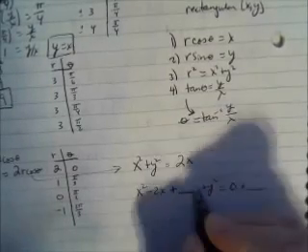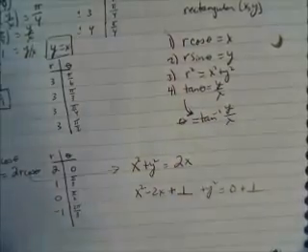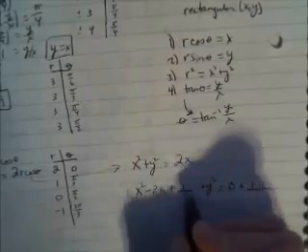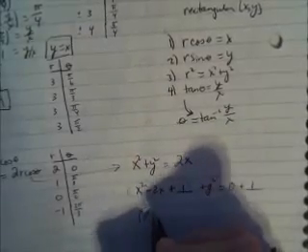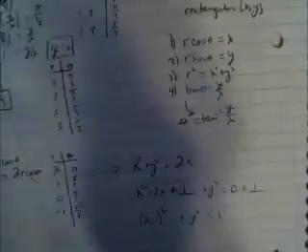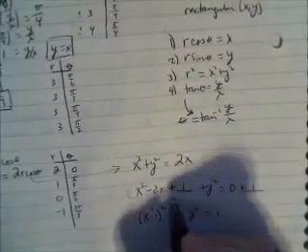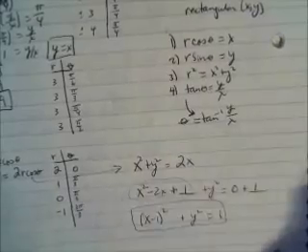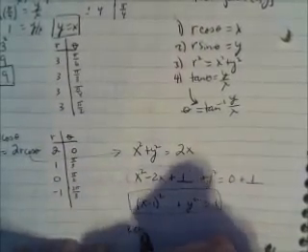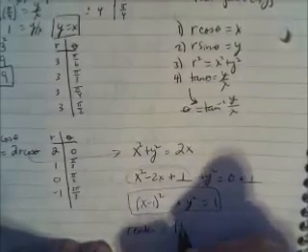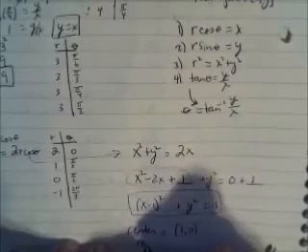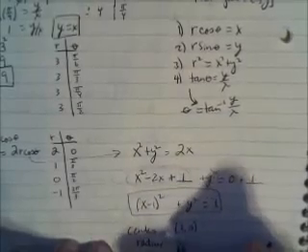Half of negative 2 squared is 1, so we're going to add 1 to both sides. And now with the complete the square, this part of it can be factored into x minus 1 squared plus y squared is equal to 1. This is the equation of a circle in center radius form, and we know that the center of this circle is at 1, 0, and the radius is the square root of 1, which is just 1.